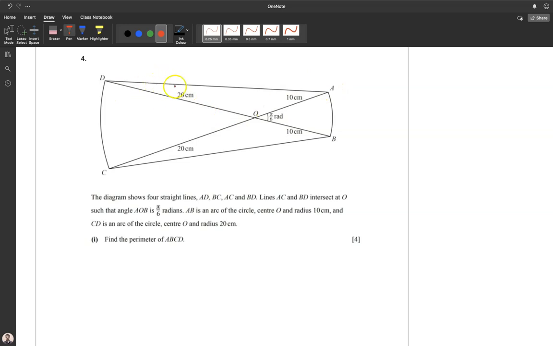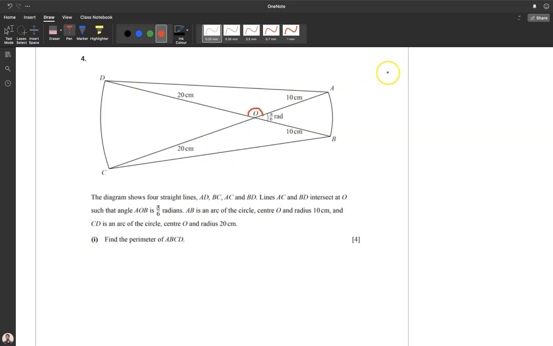It's just a triangle with no equal sides and lengths of angles and so on. So what do we need to do? We need to use the cosine rule. But in order for me to use the cosine rule, I need to know what angle this is. I don't have any angles given to me.